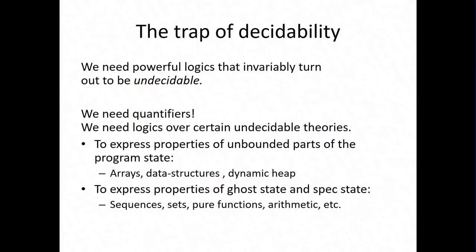But I think decidability can also be a trap. We need powerful enough logics to do program verification, and at least the natural logics that we can use to express the properties we want to prove will turn out to be undecidable. For instance, we do need quantifiers. We need logics, perhaps over certain theories, that are undecidable.